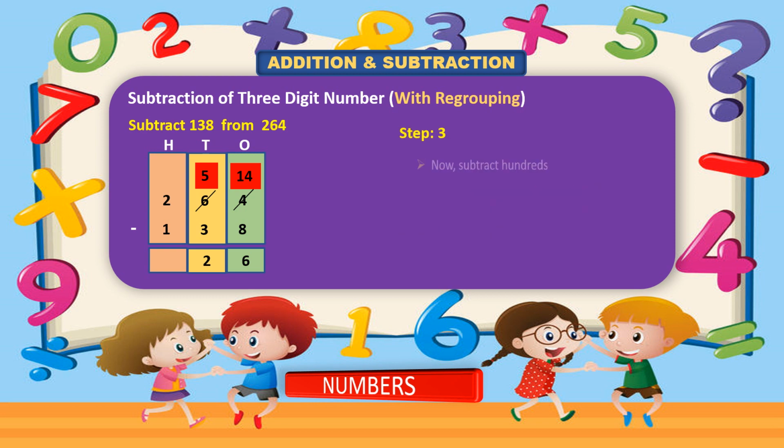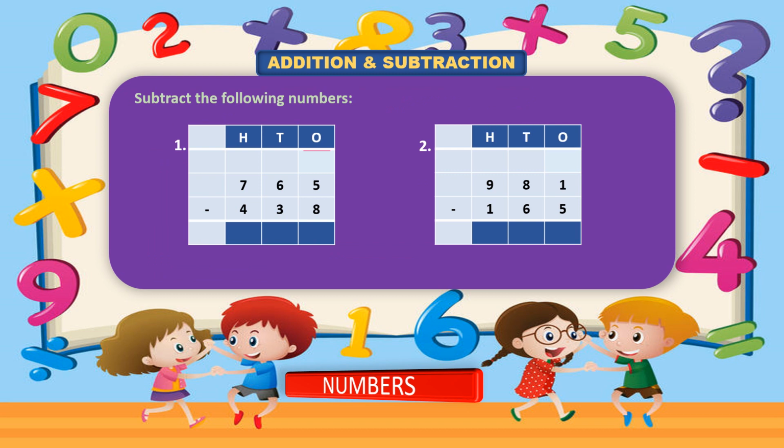Step 3. Now subtract hundreds. 2 hundreds minus 1 hundred is equal to 1 hundred. And the answer is 126.